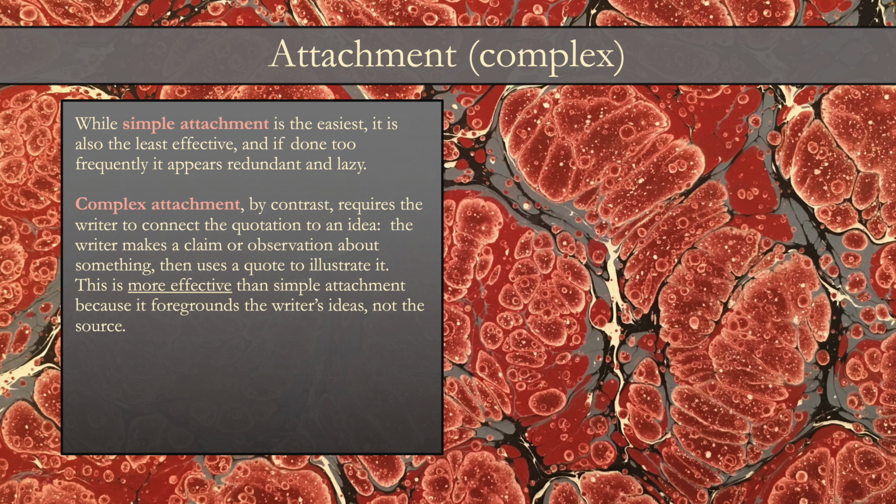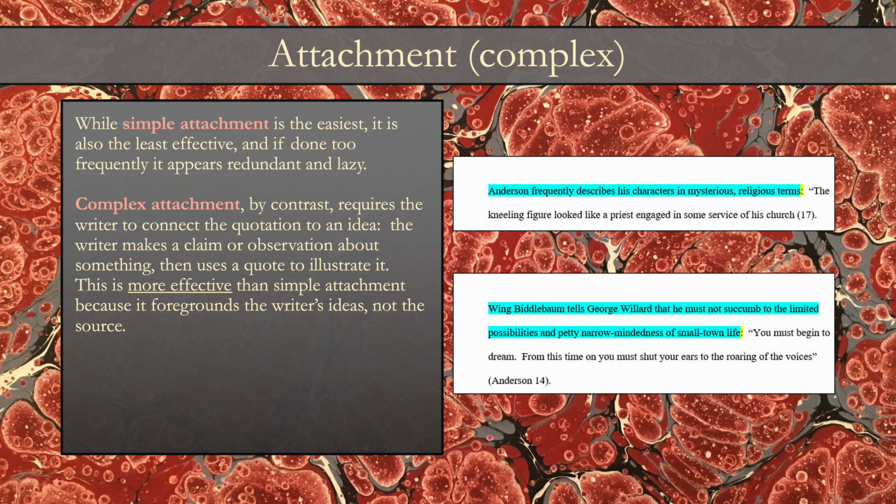So complex attachment is stronger, and it requires the writer to connect the quotation to an idea, to a claim that the writer's making. So the writer makes a claim or observation about something, like a literary text, then uses a quote from that text to illustrate it. And this is more effective than simple attachment because it foregrounds the writer's ideas and not the source.